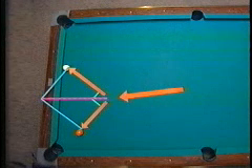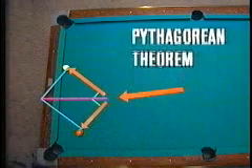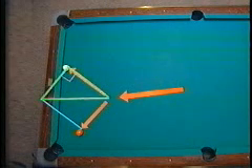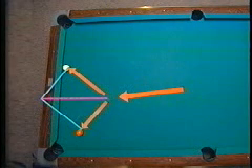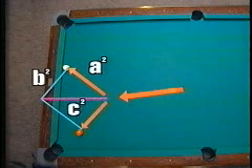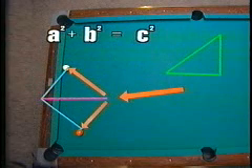But we can also prove it with geometry. Because we have a right triangle, we can use the Pythagorean theorem. Look, we have two right triangles where the resultant is the hypotenuse. And we know that in a right triangle, a squared plus b squared equals c squared. So let's use the cue ball triangle to solve for c, the resultant.